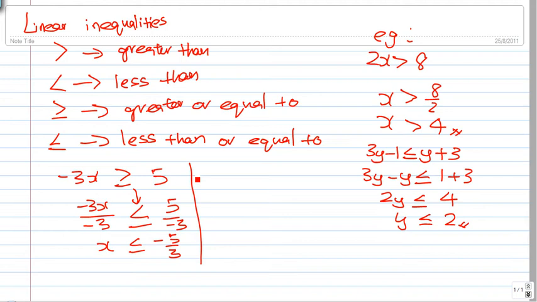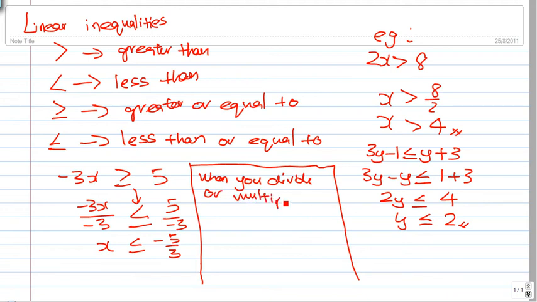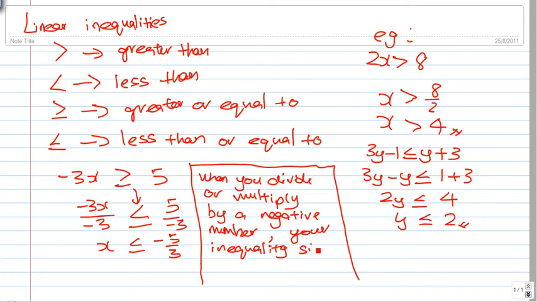So just note here. Okay, now this is important, hear me out. When you divide or multiply by a negative number, okay, your inequality sign is reversed.